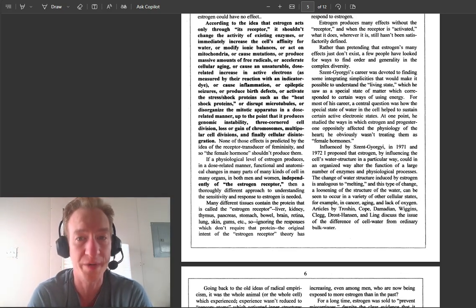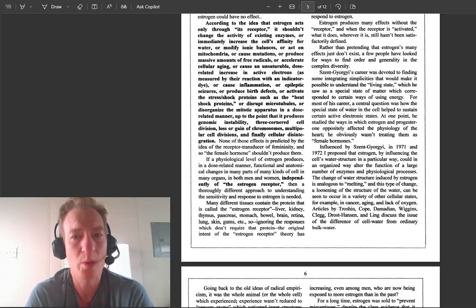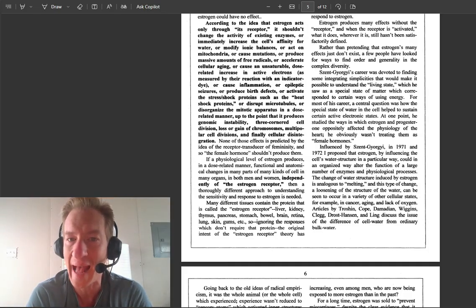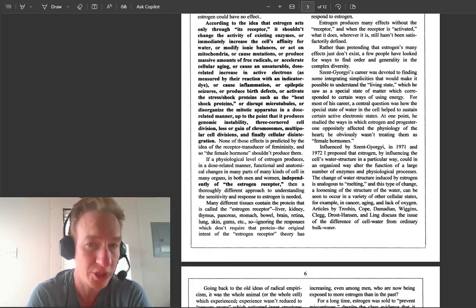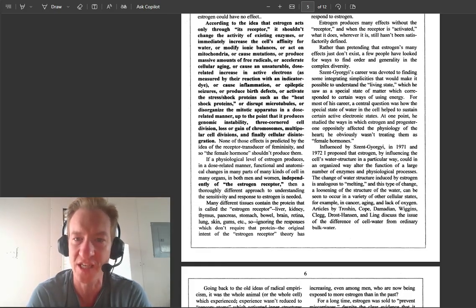For most of his career, a central question was how this special state of water in the cell helped to sustain certain active electronic states. At one point, he studied the ways in which estrogen and progesterone oppositely affected the physiology of the heart. He obviously wasn't treating them as quote-unquote female hormones.